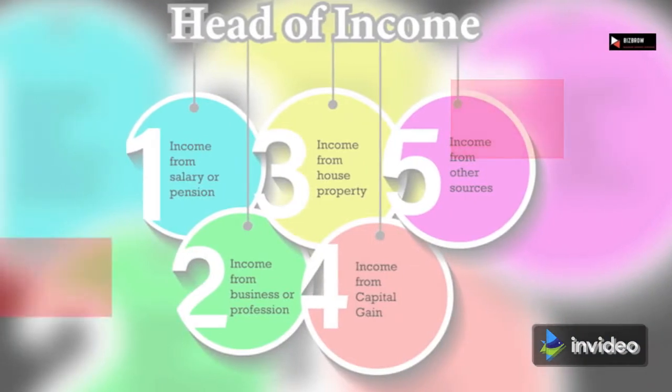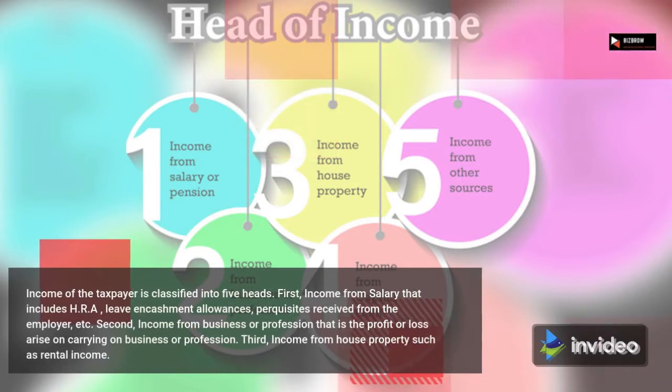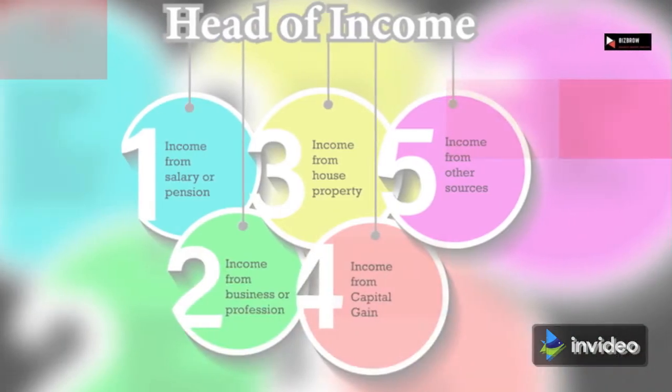Income of the taxpayer is classified into 5 heads. First, income from salary that includes HRA, leave encashment allowances, perquisites received from the employer, etc. Second, income from business or profession that is the profit or loss arising on carrying on business or profession. Third, income from house property such as rental income.